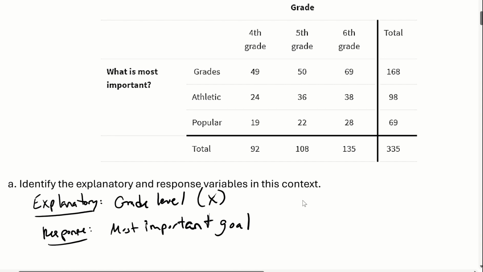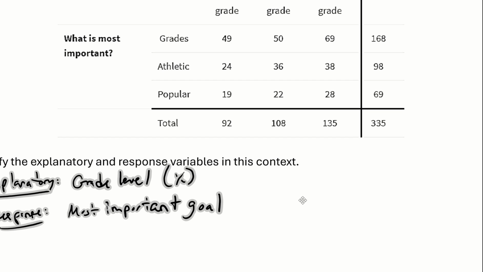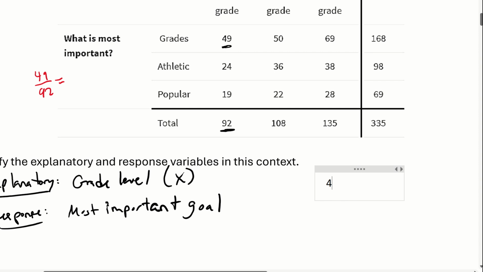We need to calculate the percentages of each of these. For fourth grade, out of 92 fourth graders, 49 said that grades was most important to them, right? So we've got 49 out of 92. We need to convert that to a percent. 49 out of 92 times 100, that's 53%.